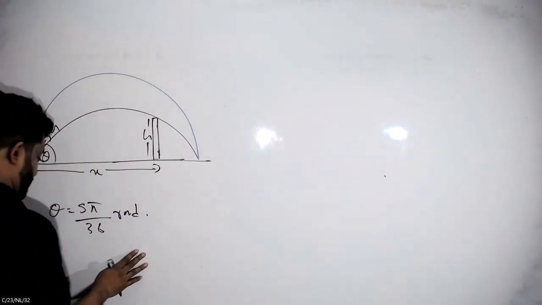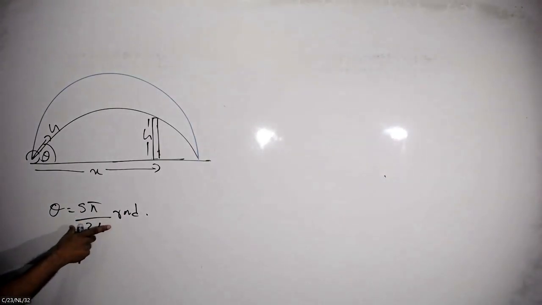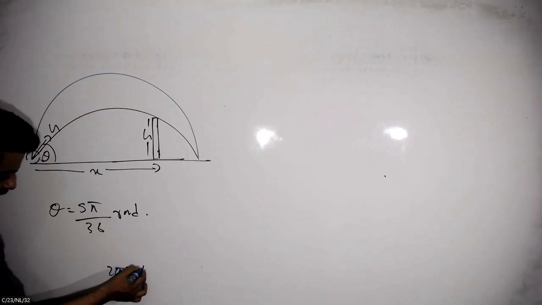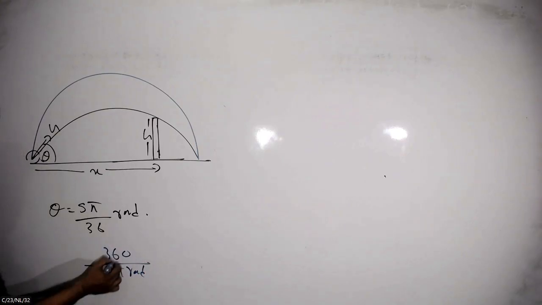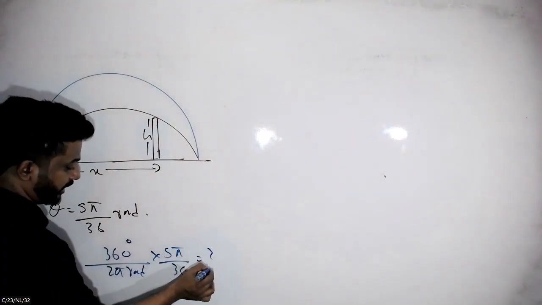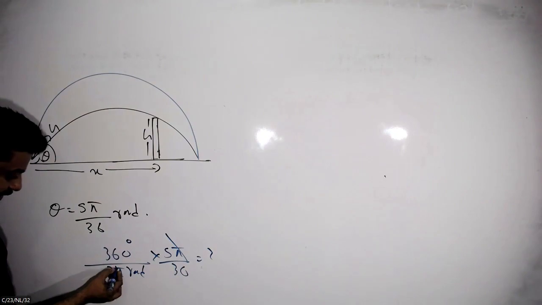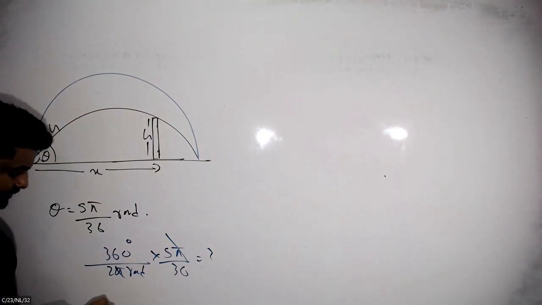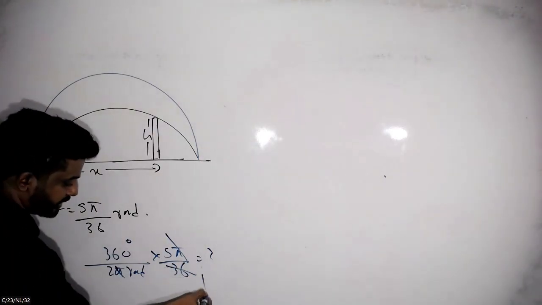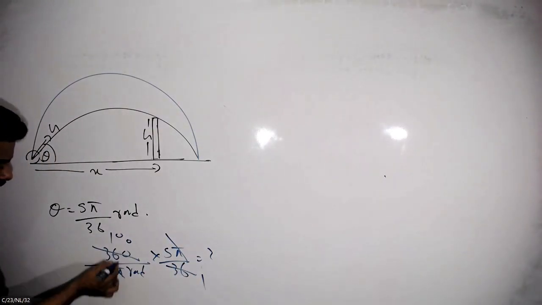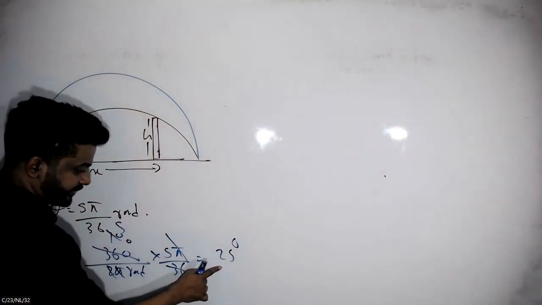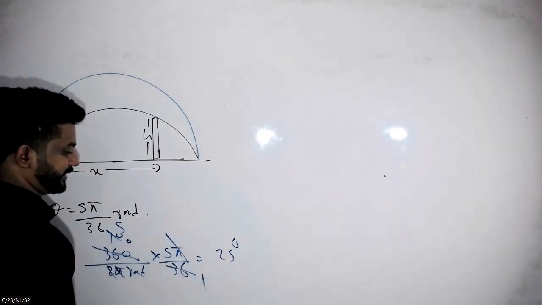First try to identify this angle in degrees. 5π over 36 radian, since π radian is 180 degrees, the 5 cancels, giving 25 degrees. That means the angle of projection is 25 degrees.